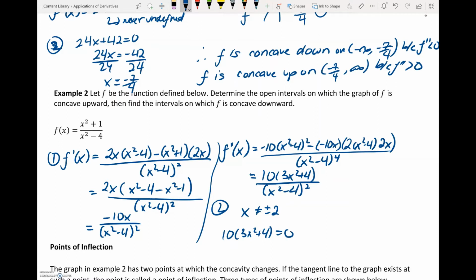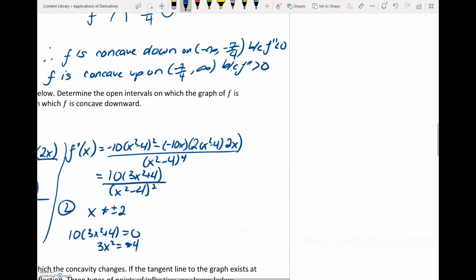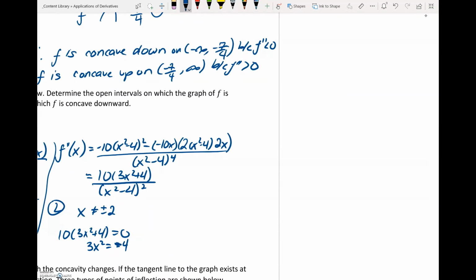And if we check this out, this is never the case, because otherwise we need to solve for this, and we can't take the square root of a negative. I mean, we can, but we just don't want to use complex numbers right now. So the only values we're going to consider are plus and minus 2 when we do our sign diagram.